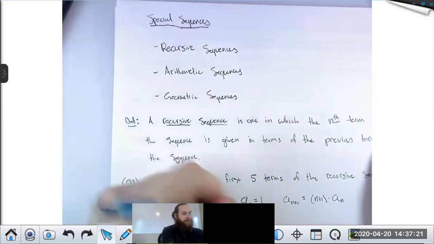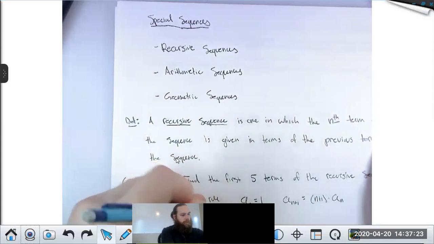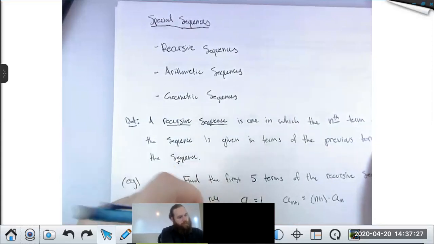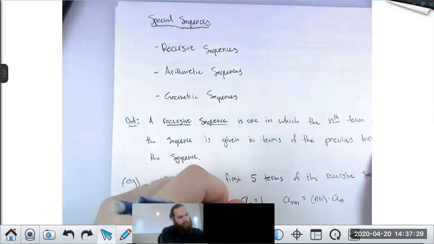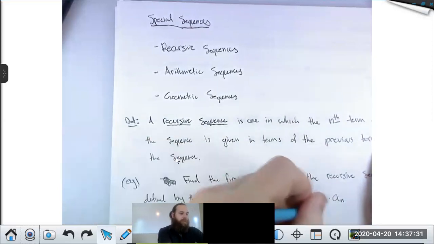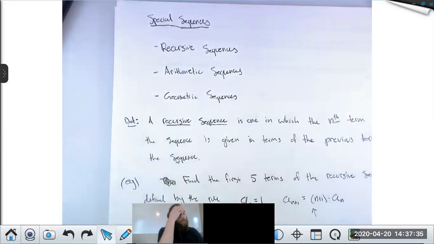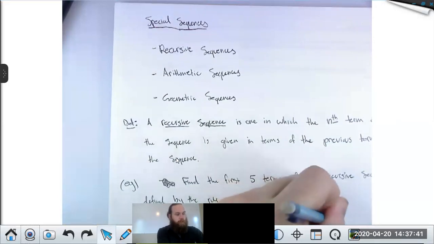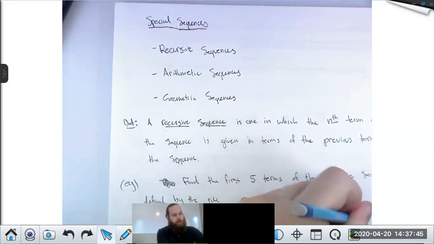So this is called the initial condition. And this rule, which tells you how to get the n plus first term in terms of the last ones, tells you how to get the next one in terms of the previous ones. This is called the recursion relation.